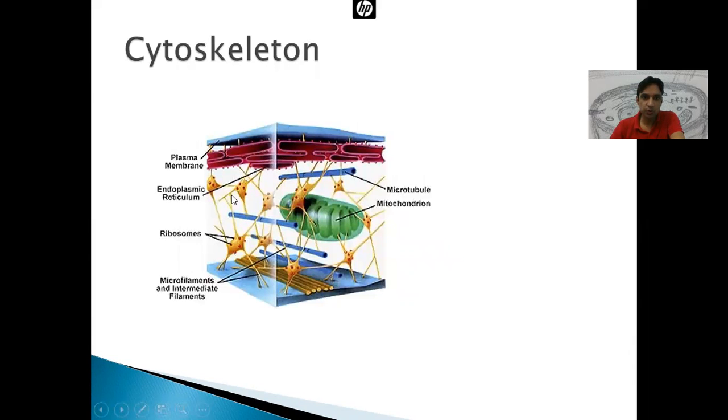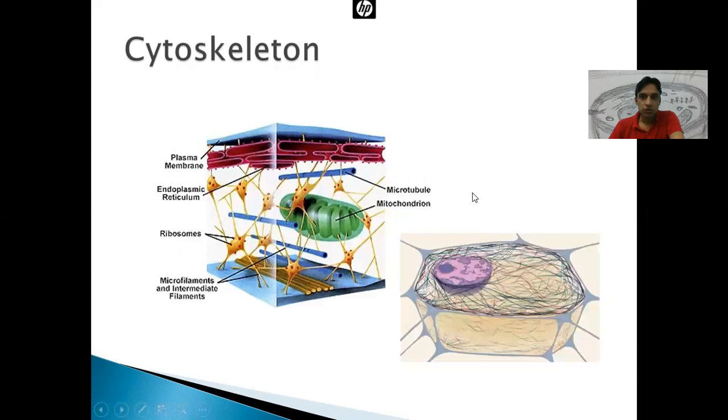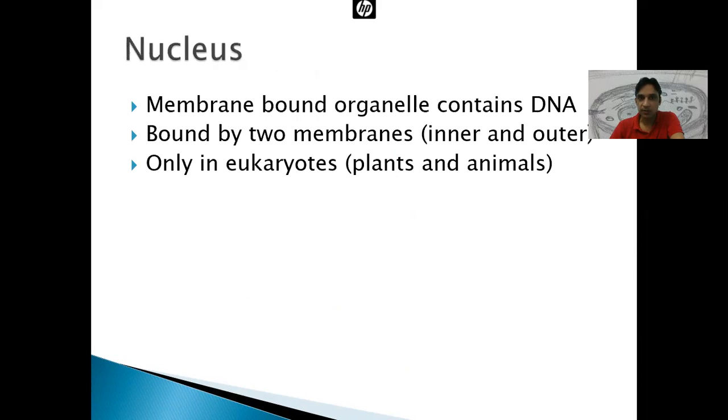They create the space for the other organelles to exist. Their job is to keep the cells intact, and they are very important for the survival of the cells. Without cytoskeleton proteins, cells can't exist.